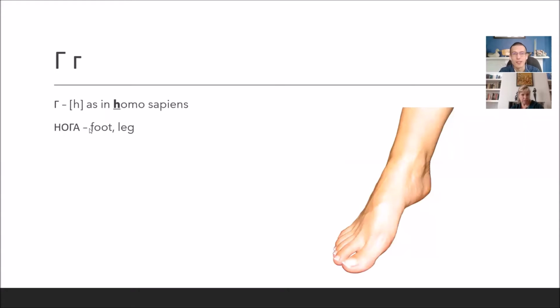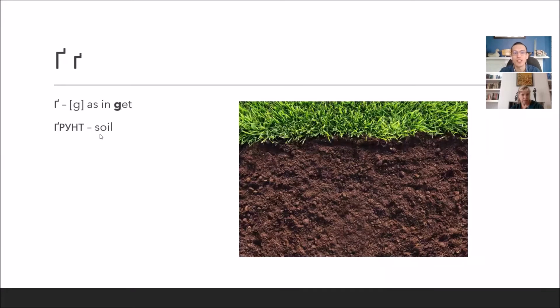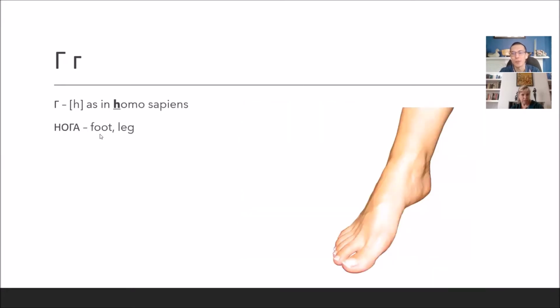Next letter is H. It's similar to the letter represented by English letter X, but when you use this H, the air is coming straight out of your mouth.